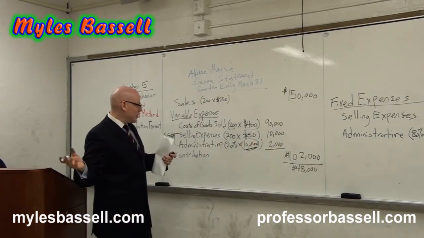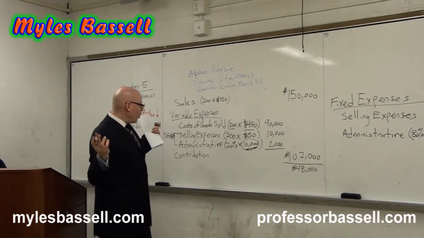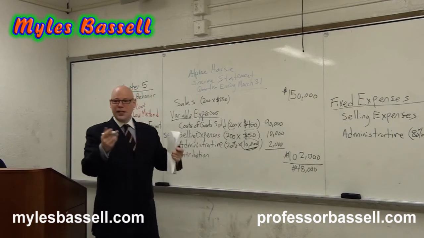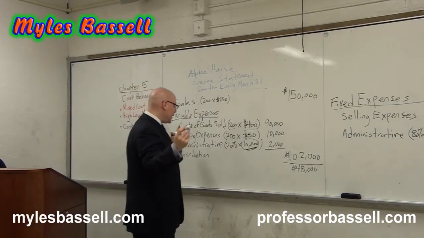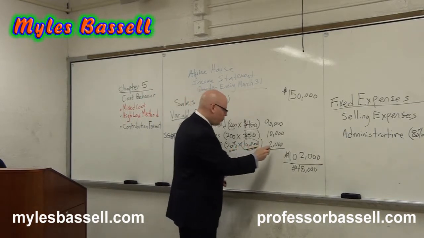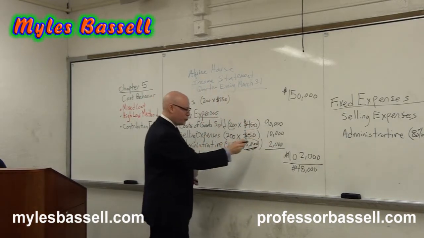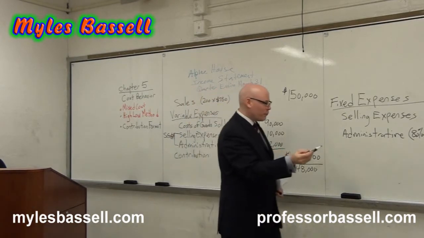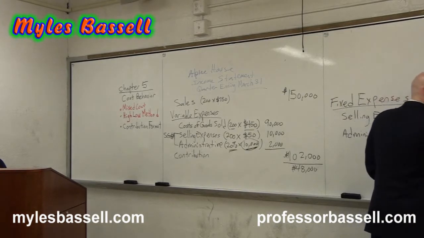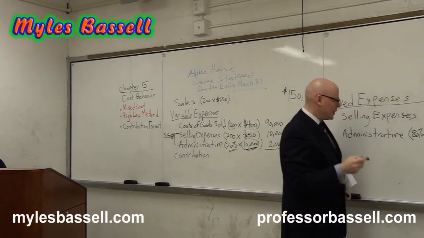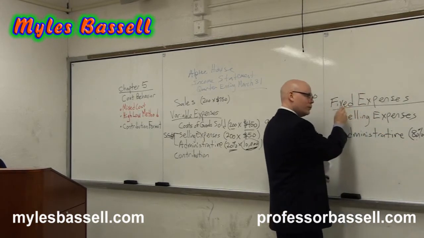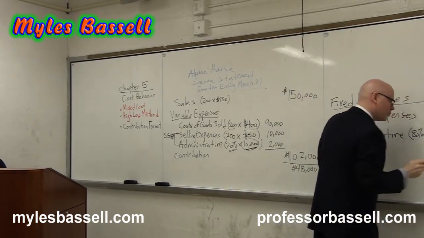What percentage is variable? They tell us it's 20%. So the variable administrative expense is $2,000. Our total administrative expense is $10,000, and 80% is fixed, so that's how we get 8,000.